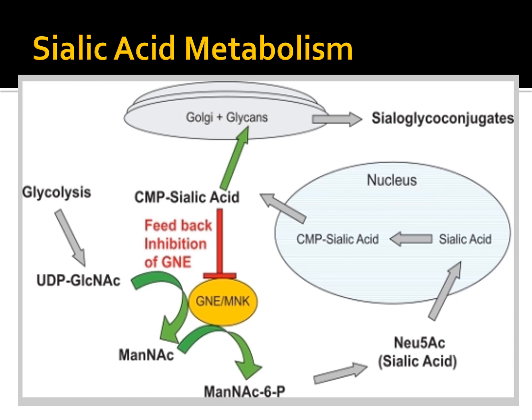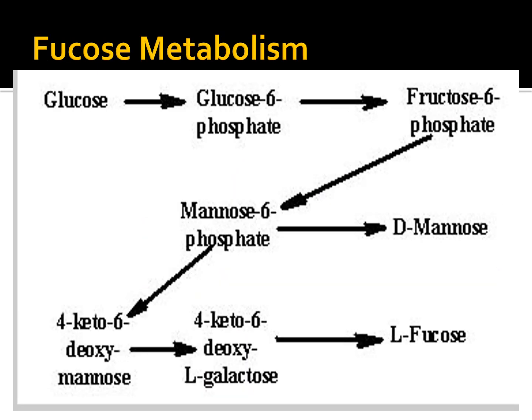Same way with your sialic acid metabolism. So it would be through your glycolysis and your UDP. Then your sialic acid will bring back your Golgi and glycans and produce your sialoconjugates, and therefore feed on your feedback inhibition of your GNPE.